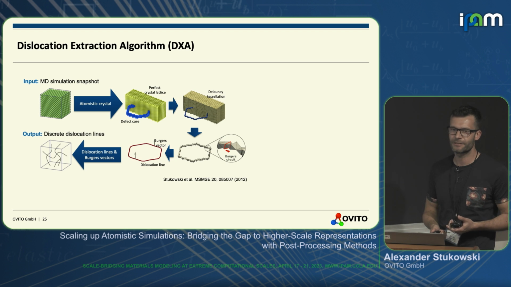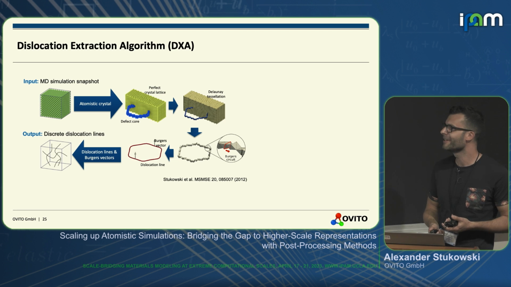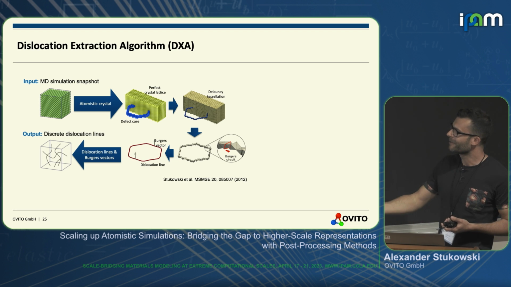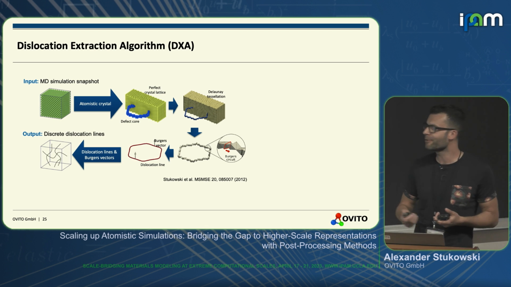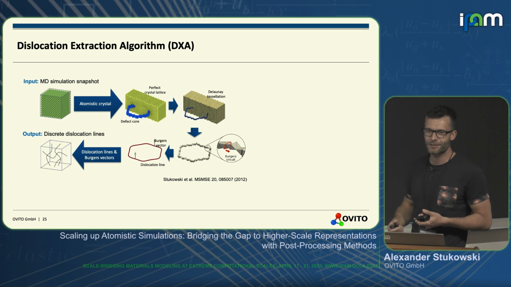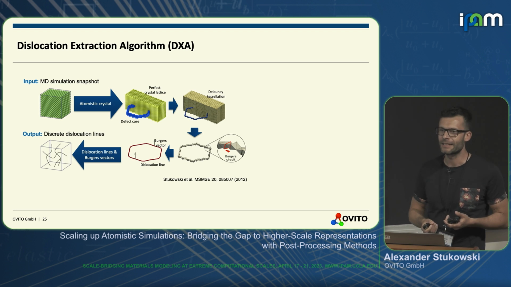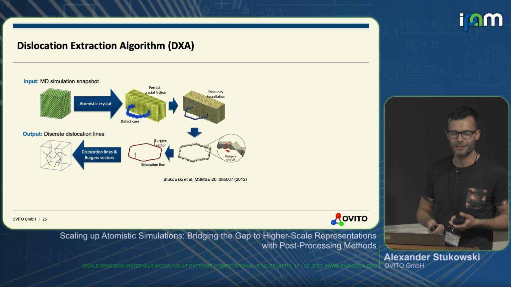This is the method that appeared in Tom's talk. It can take a snapshot from an atomistic simulation, an atomic configuration, as input, process it in several steps, and then spit out the discrete dislocation lines inside of that simulation model, including the Burgers vector information.